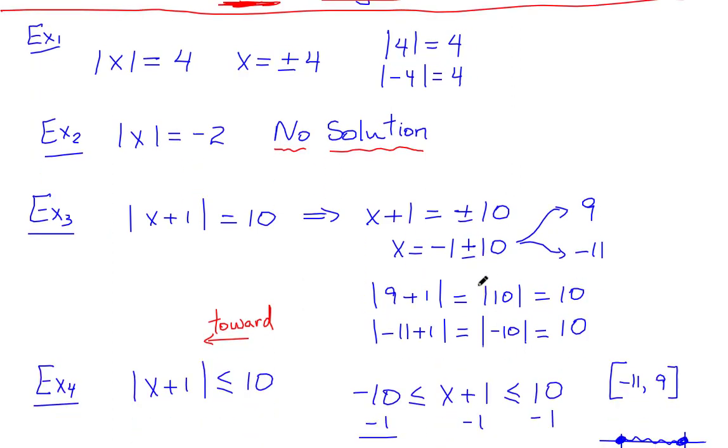So if I use the plus, minus 1 plus 10 is 9, and you can check that that does work. And minus 1 minus 10 is minus 11. And minus 11 plus 1 is minus 10. But in absolute value, that's still just 10.